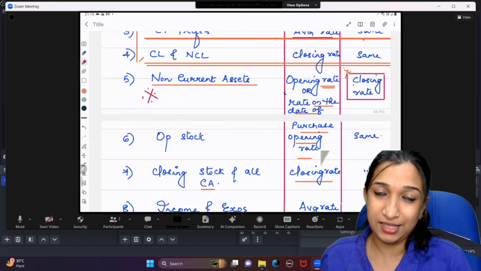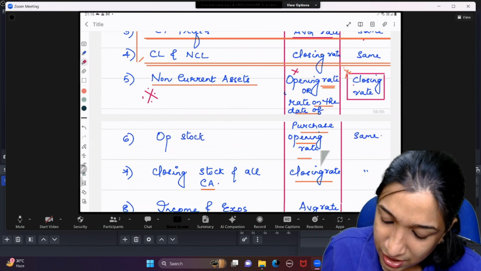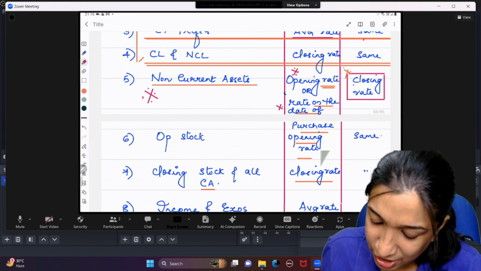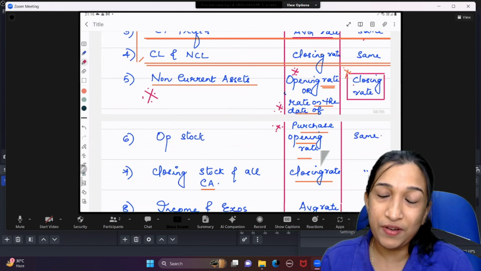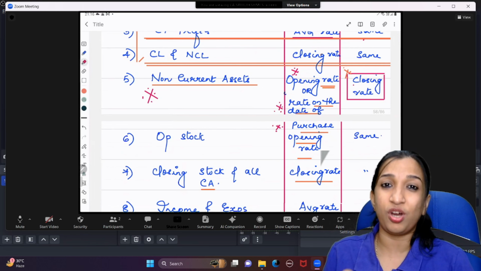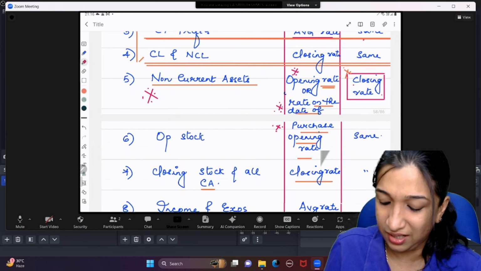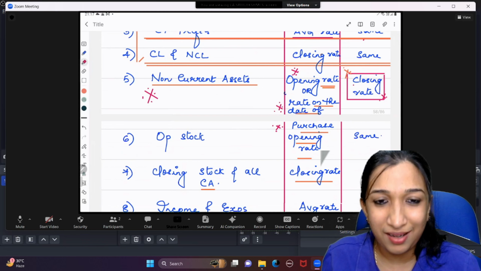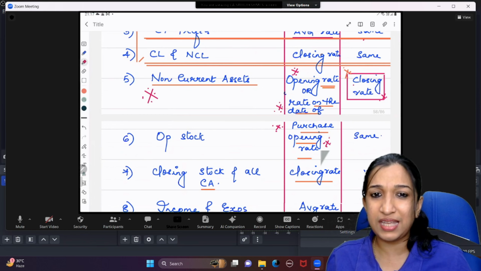Non-current assets. If it is integral, convert using opening rate or rate on the date of purchase of that asset. But if it is non-integral, closing rate. Opening stock, opening rate, same.